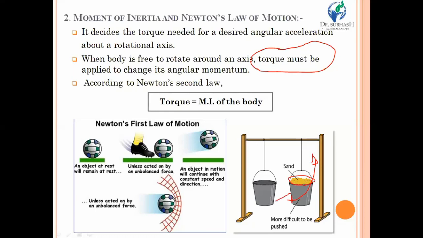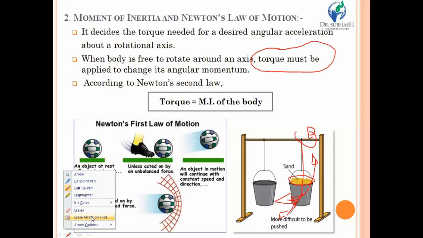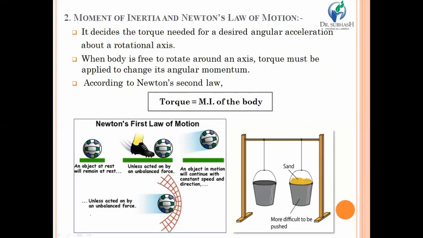You require to apply some kind of force or torque over here. So suppose you are applying a force over here, it will become force into perpendicular distance, that means torque. So what Newton said about rotating members too, in order to change the angular or rotating position of any body, you have to apply an external load or external torque.